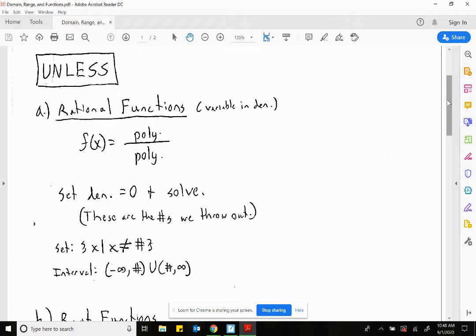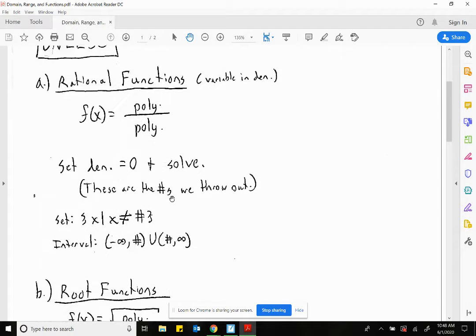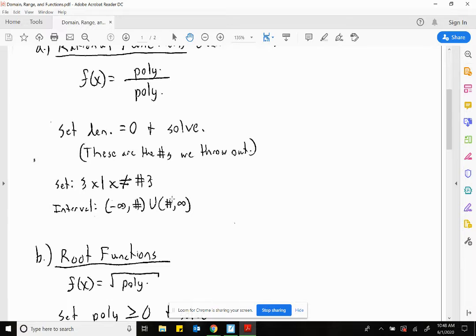Our domain is all reals unless it is a rational, where it looks like a fraction. Variables in the denominator is what makes a rational. In other words, it looks like a polynomial over a polynomial. So if it looks like a fraction with a variable in the denominator, you have a rational, and that changes our domain.